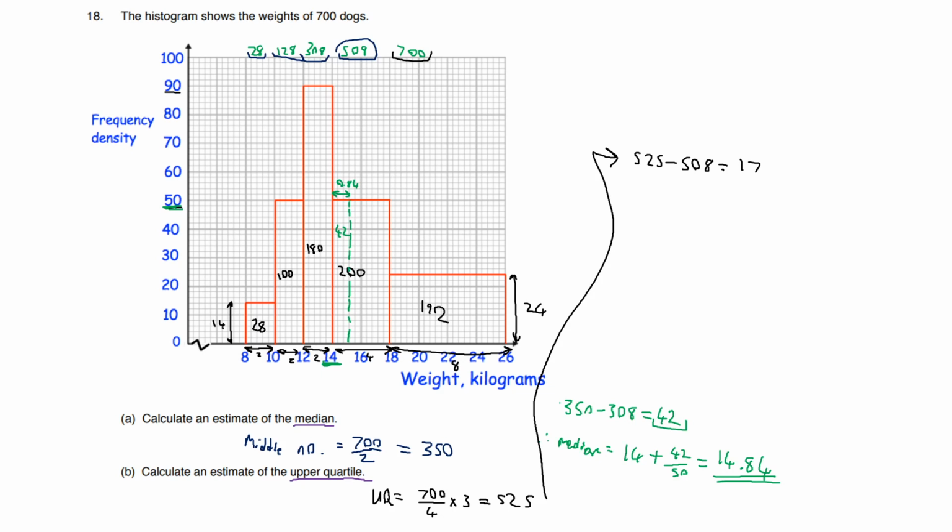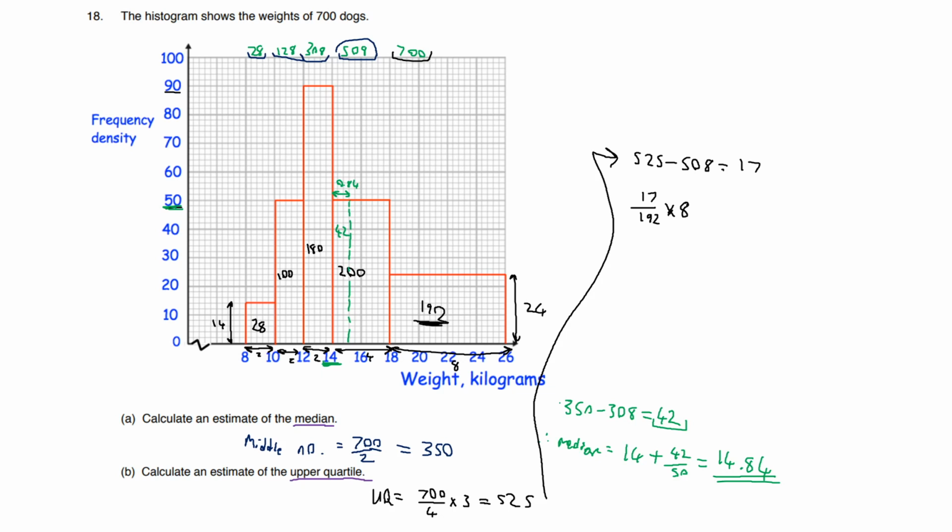How much of a percentage is that to 192? What we're going to do is we're going to do 17 divided by 192 times 8. Okay? So this is this as a percentage, right? And then we're going to times it by 8 because the class width is 8. Okay?